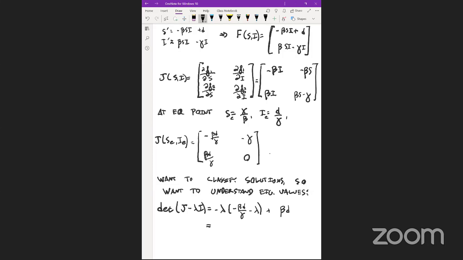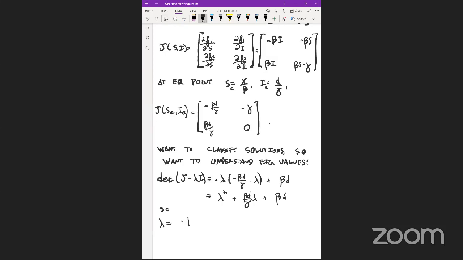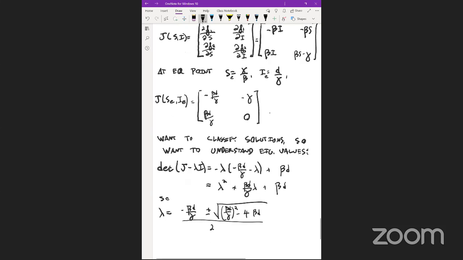Factor out: lambda squared plus beta D over gamma lambda plus beta D. So lambda equals minus beta D over gamma, plus or minus the square root of (beta D over gamma) squared minus 4 beta D, all over 2. There are two relevant things we see from this.